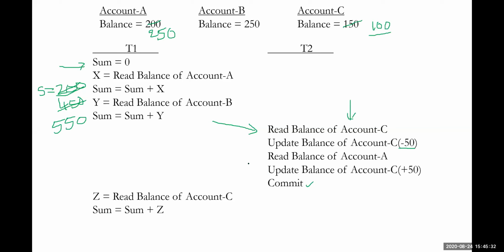Because of this update, some value has been lost from the actual sum. Please observe this. Before starting everything, actual values are 200 plus 250, 450 plus 150. Our expected sum will be 600, but we got only 550 here.